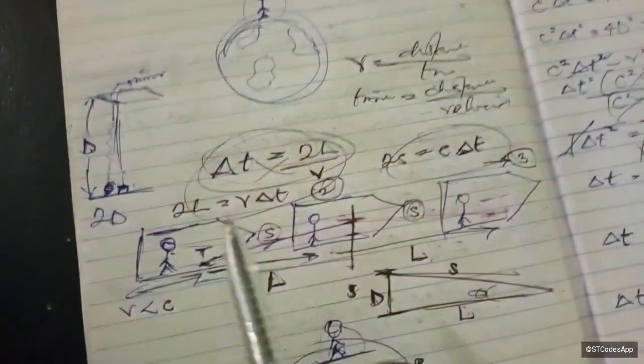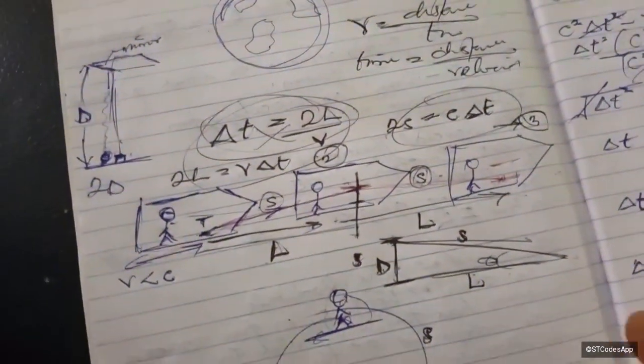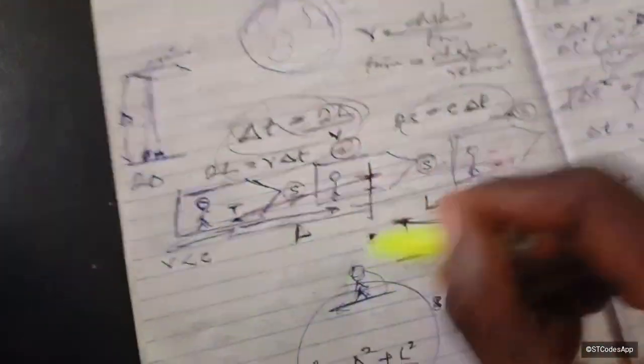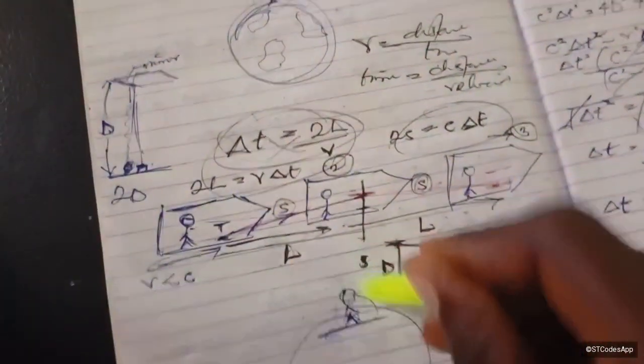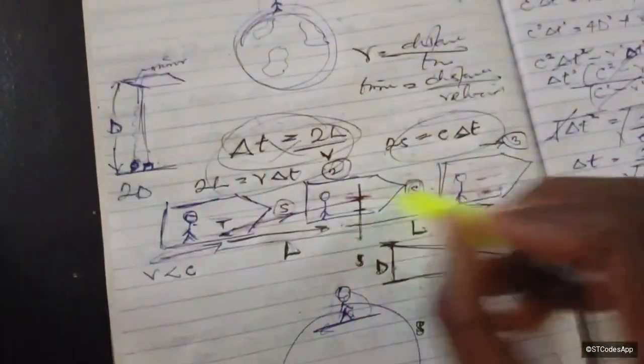So because it has covered a longer distance, it means that more time has passed for this person on Earth. I don't know if that is clear. It traveled this diagonal path that the light took.